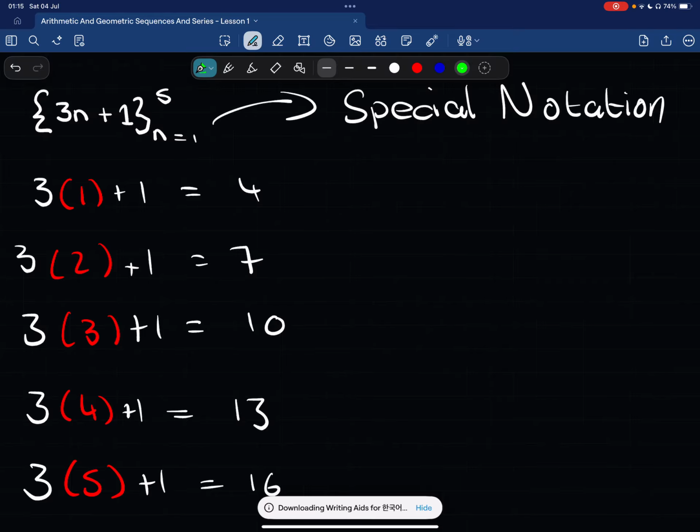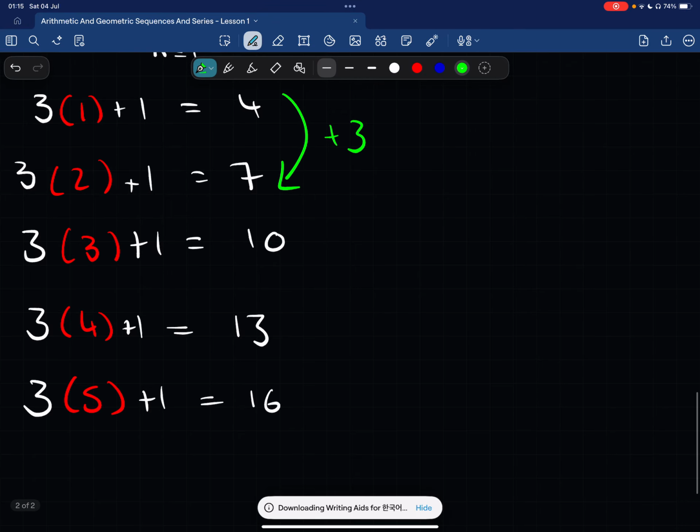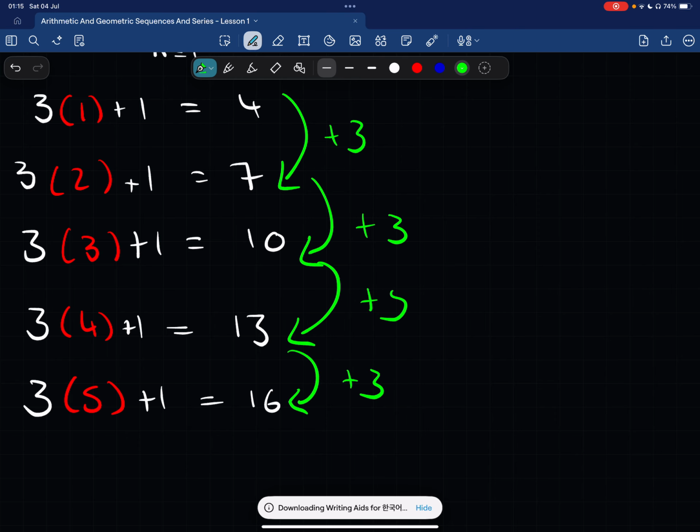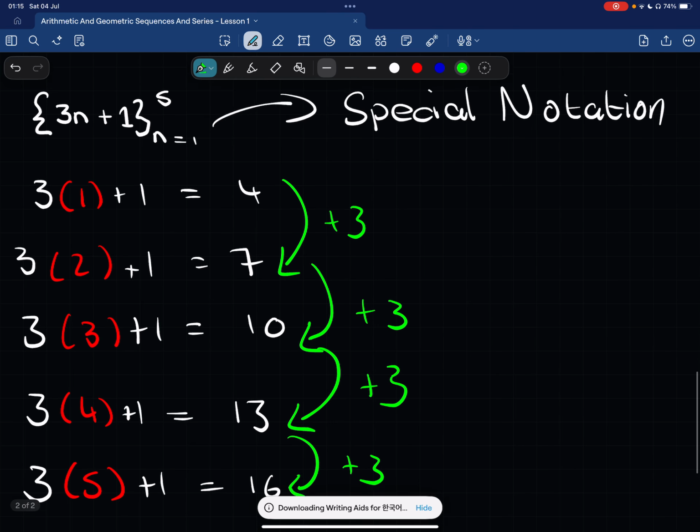Notice that in this sequence, every term is separated by the number 3. So 4 plus 3 is 7, 7 plus 3 is 10, 10 plus 3 is 13, and 13 plus 3 is 16.